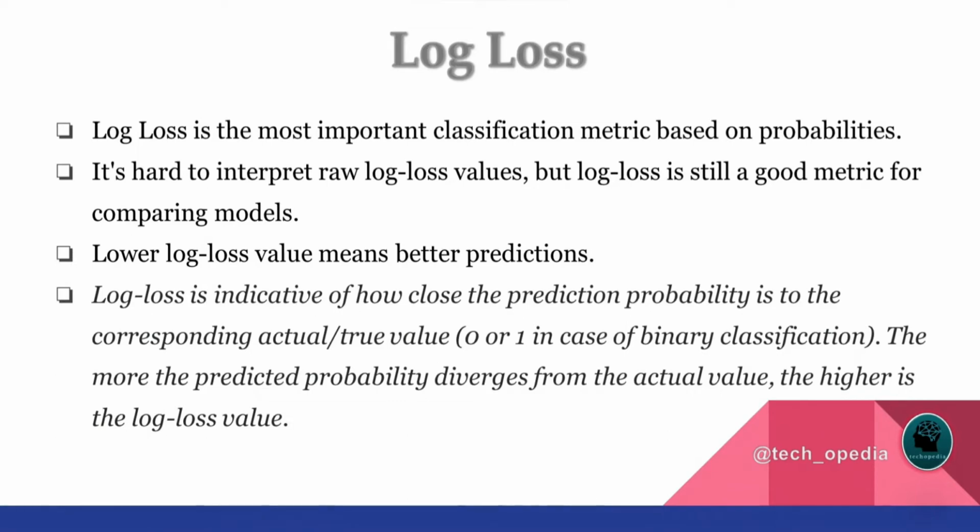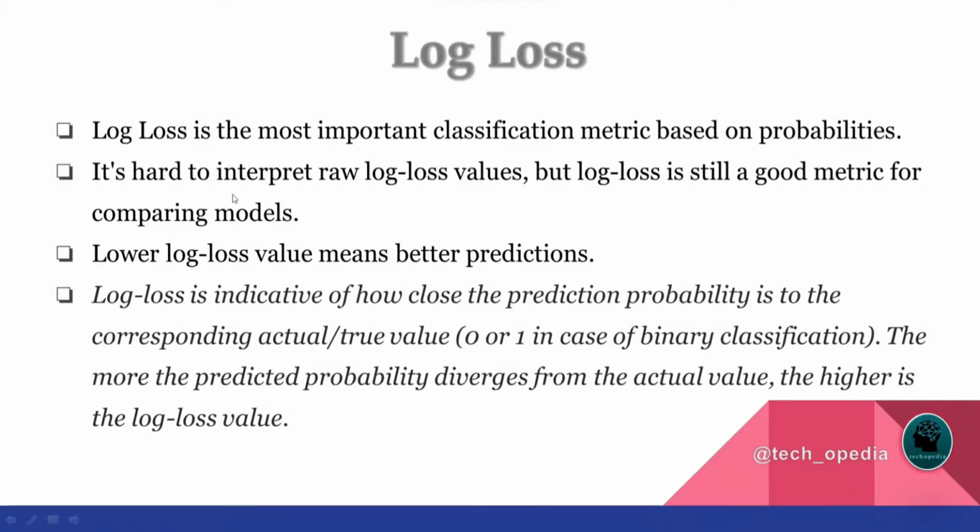How much probability is there that this row lies in class 0 and how much probability is there that this row lies in class 1. This way we predict the probabilities for all the observations in our dataset, that is, how much probability there is that an observation belongs to class 0 or class 1.